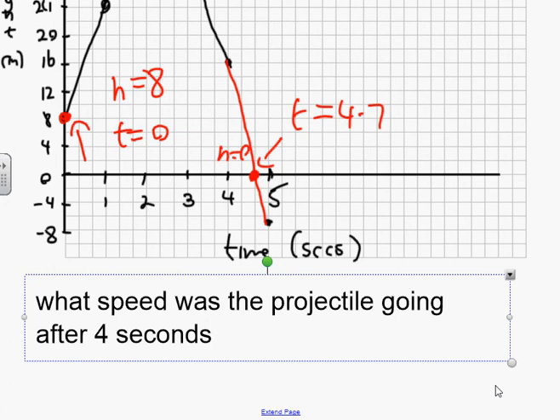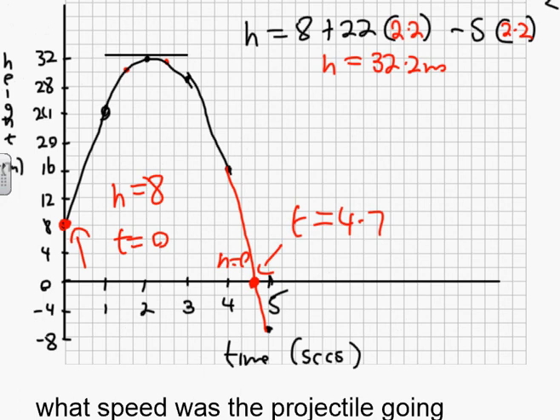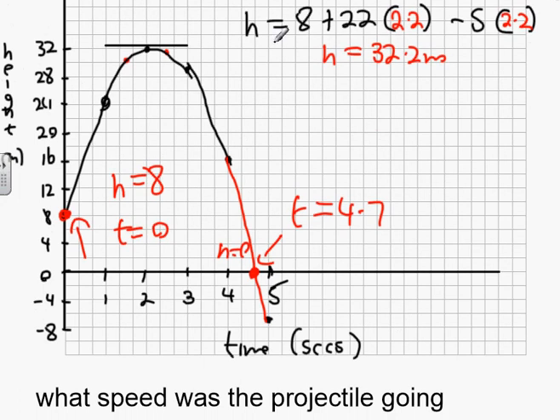First of all, is it going to be a plus answer or a minus answer? Is it on its way up or its way down? It reaches its peak at around 2.2 and now it's on its way down. So at 4 seconds in, you're on your way downwards.